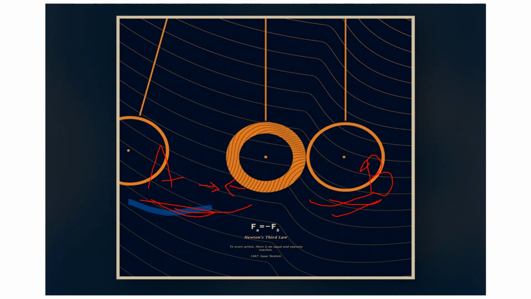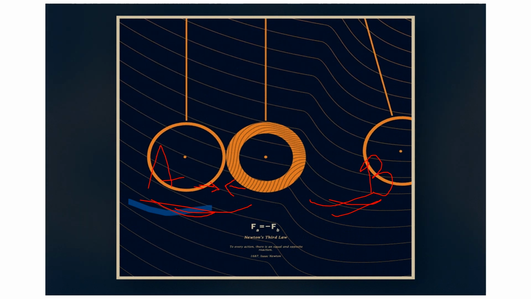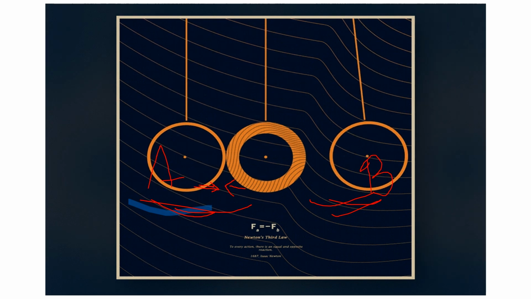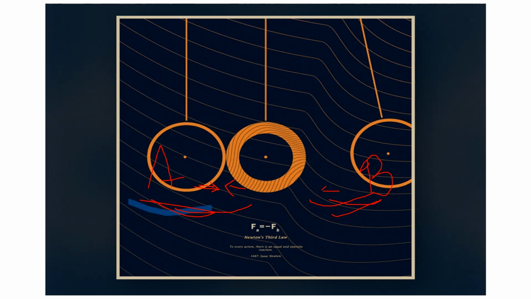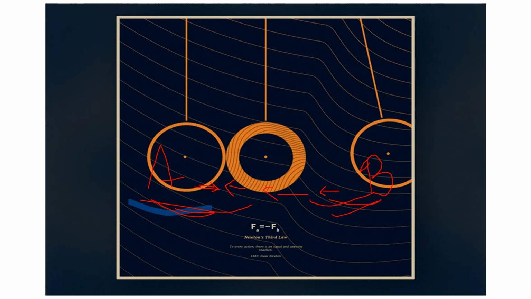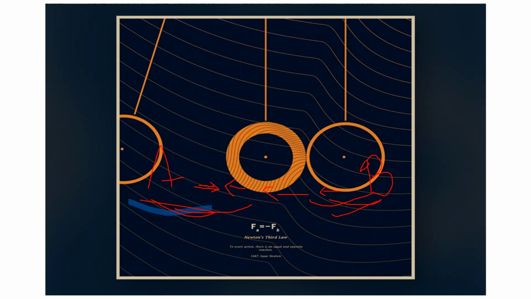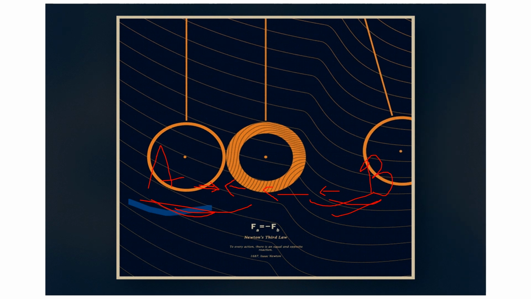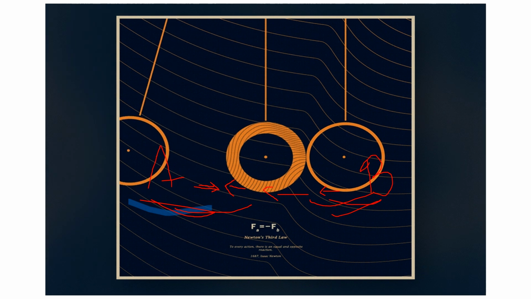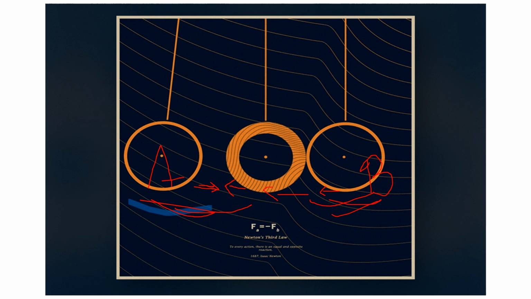Force pairs consist of the action force, which is the initial force applied by one object, object A, and the reaction force, which is the force exerted in response by the other object, object B. These forces are equal in magnitude but in opposite directions, and they act on separate objects, so they do not cancel out.